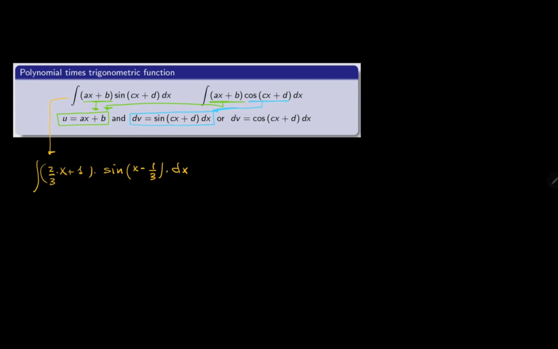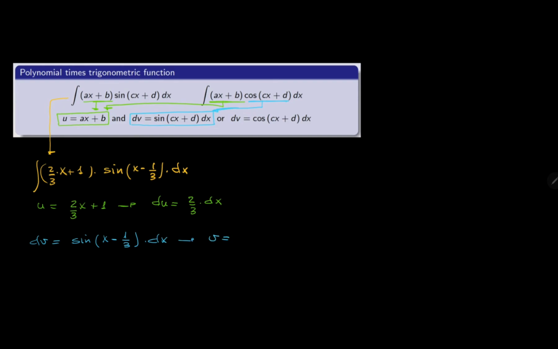We start identifying our u expression: it is always going to be the polynomial expression of degree 1 multiplying the trigonometric function, in this case the sine function. Derivative is 2/3 dx. And the dv is going to be the trigonometric, either sine or cosine function. In this case it is going to be the sine function dx.